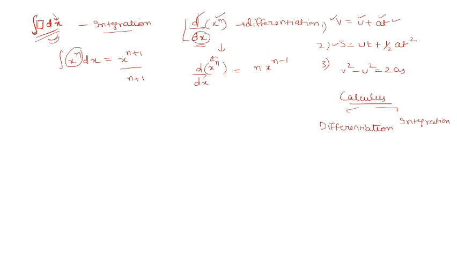Let me give you an example. If you have to find out the integration of x cube, you have to increase 1 in the power and divide by the same power. Whereas if you have to find out the differentiation of x cube, which is also represented using a prime, you bring n, that means the power, in as a coefficient, and reduce 1 in the power.